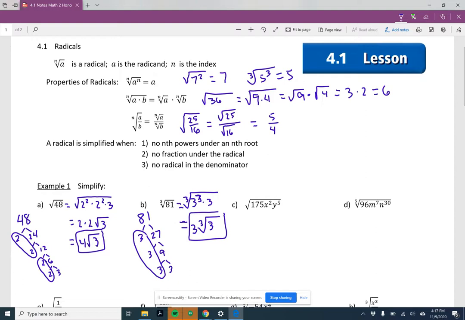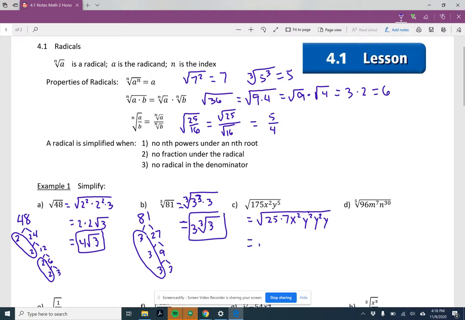All right. Square root of 175 x squared y to the 5th. So we'll talk about how to do variables now. 175, there's a 25 in there. So that 175, I can break it down into a 25 times what? What is 175 divided by 25? 7. There's an x squared, and in that y to the 5th, there's a y squared, another y squared, and a y.